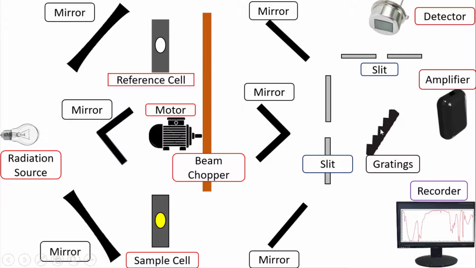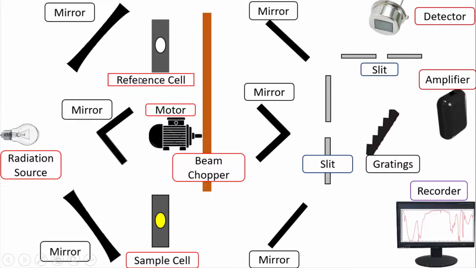From the slit it passes and reflects on the gratings. The gratings disperse the IR radiation in the range of 4000 to 400 centimeter inverse, and whatever is not absorbed reaches the detector, and then the signal is amplified and recorded in a recorder.